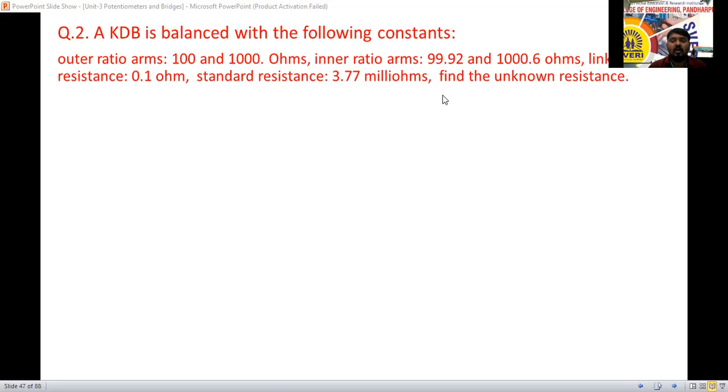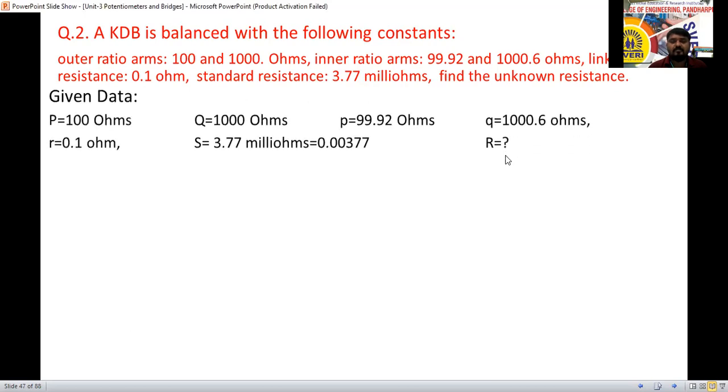Now you have to identify the value of R. This is the given data. 3.77 into 10 to the power of minus 3 is nothing but 0.00377. We already know the formula. Just substitute these values and tell the answer here.